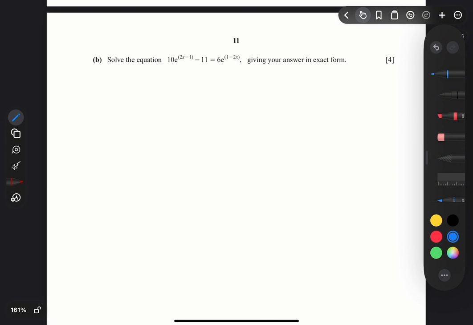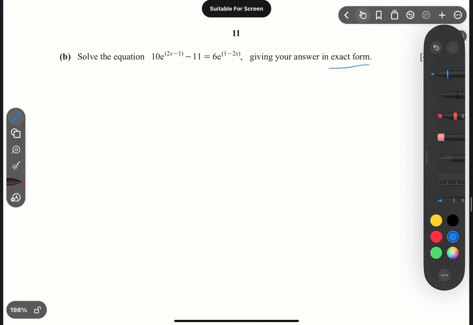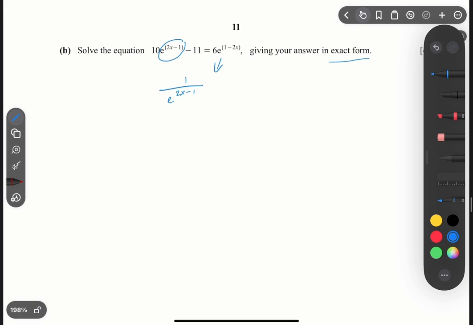Part B, solve the equation giving your answer in exact form. So first of all, you can rewrite this to get 2x e to the power of 2x minus 1. And to do this, you can just inverse this, and then times 6.